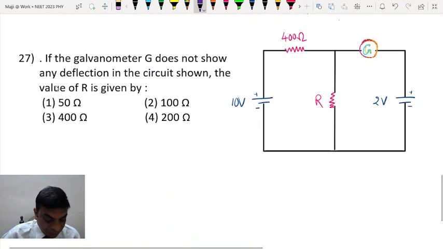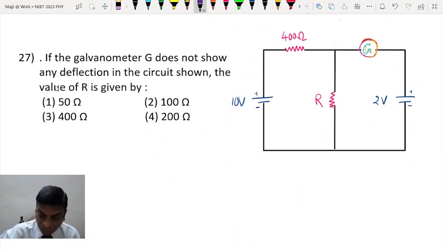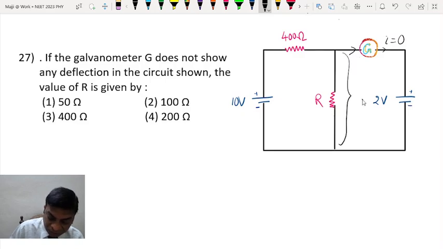Then coming to the 27th question: if galvanometer G does not show any deflection in the circuit shown, the value of R is given by. This is based on the potentiometer concept, or otherwise you can solve it without applying that. Since there is no current through the galvanometer, the potential difference across R is 2 volt.